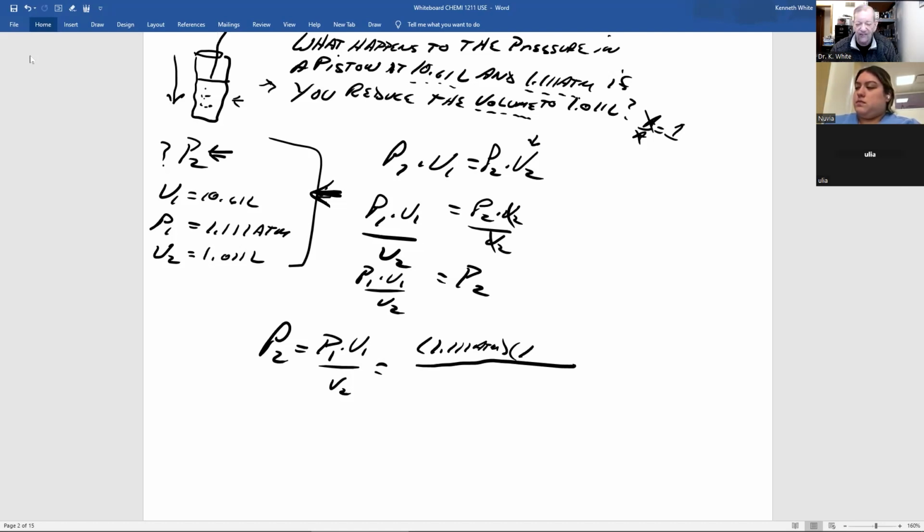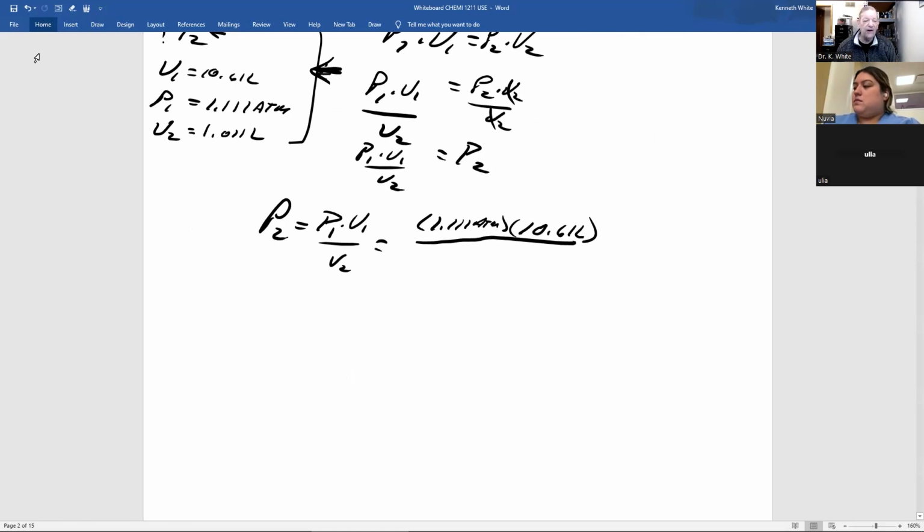That's 10.61 liters. And what's V2? Well, we took the time to figure that out. That's 1.011 liters.